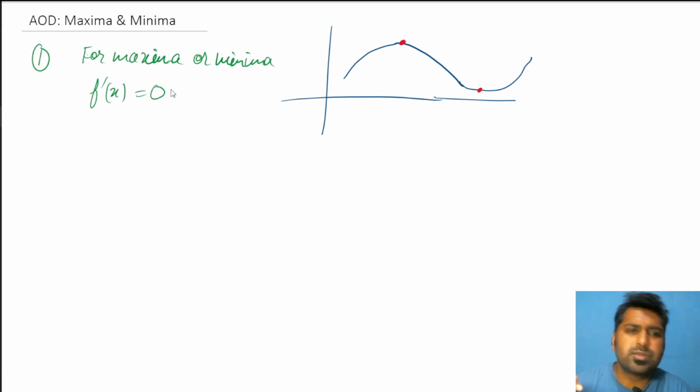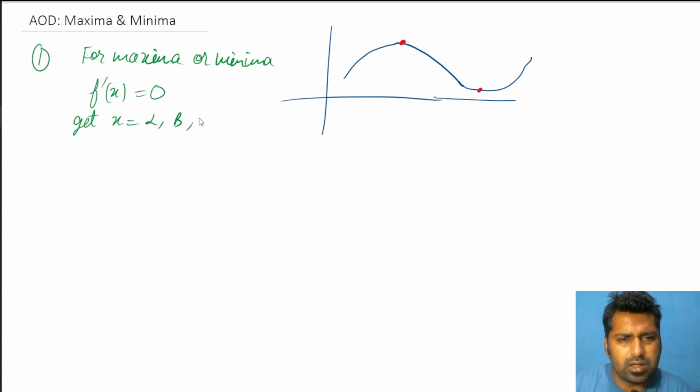Suppose it's in terms of r, then f dash r should be 0, or a function of t, so f dash t, the first order derivative, should become 0. You solve that, you get the points of maxima minima, x equal to, let's say, alpha, beta, gamma. You'll get 2-3 values depending on the equation. At these points you can have maxima or minima. You are not sure, because this condition is not sufficient to tell us that.